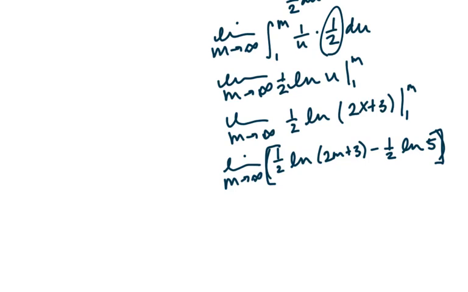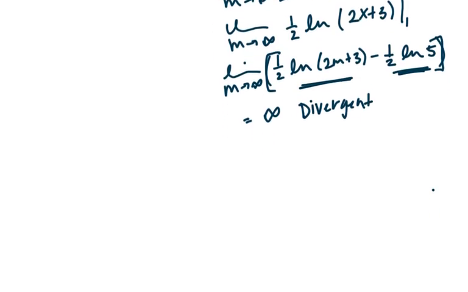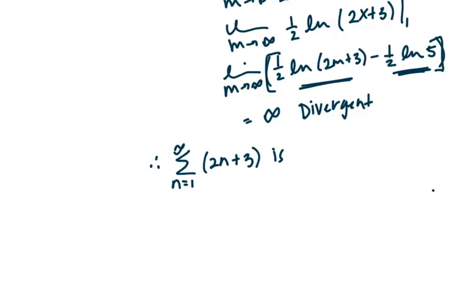So we have the limit. This last part of the term is a constant, so let's talk about the first part. 2 times infinity is infinity, plus 3 is still infinity. And the natural log of infinity is infinity, and half of that is still infinity. So we have infinity, and then we're subtracting something. So this means it's divergent. So since it's divergent, we can say, therefore, the sum from n equals 1 to infinity of 1 over 2n plus 3 is divergent.